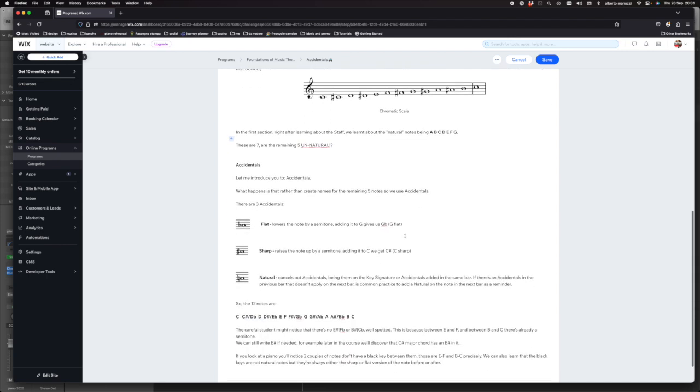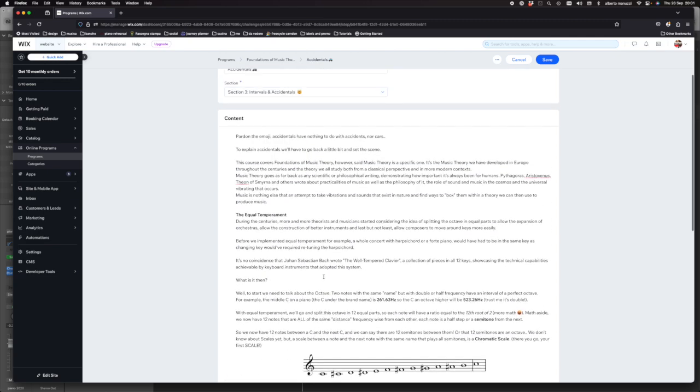There are 3 accidentals, well, 2 mostly, that change the note, and 1 just cancels out a previous accidental. Now there are accidentals that are defined at the start of a song.